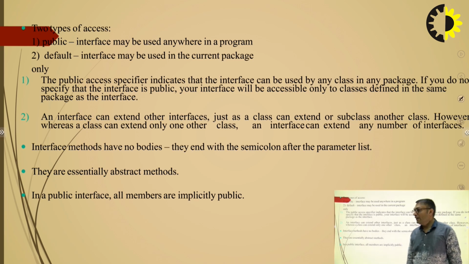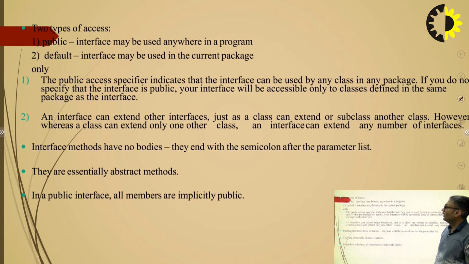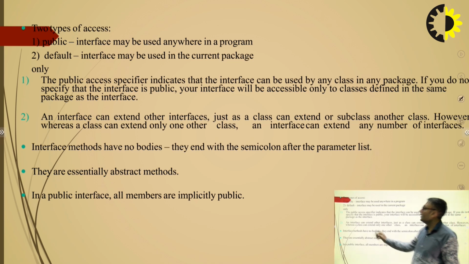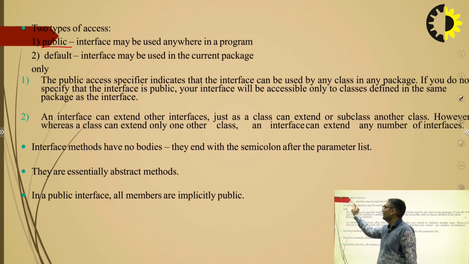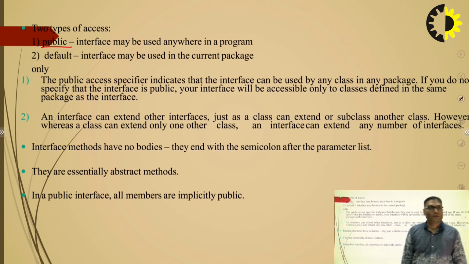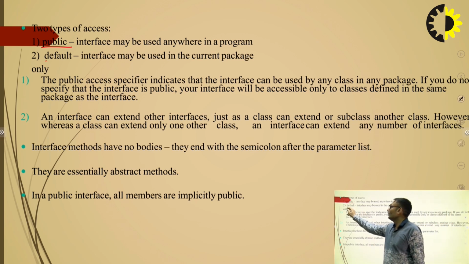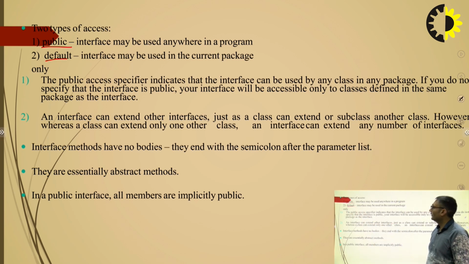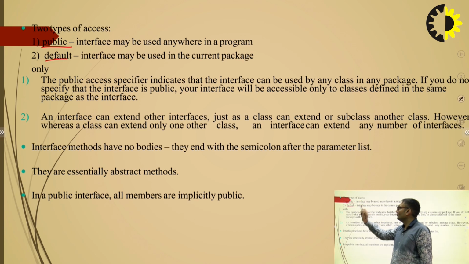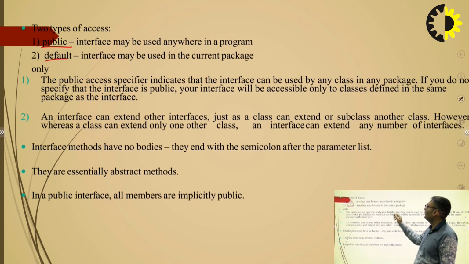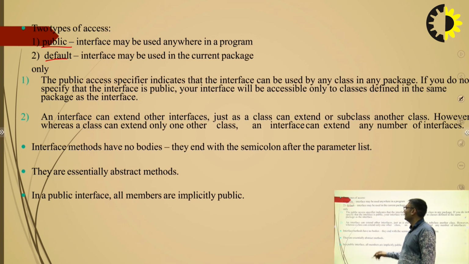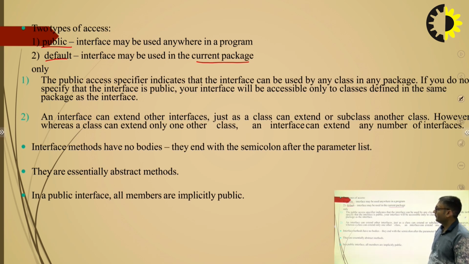Interfaces also have access modifiers, but here the access modifier only supports public, or you can say default. If you don't write any access modifier, then it will be default and it will be treated similar to public. So a public interface may be used anywhere in the program, and if you don't write public, then the interface may be used inside the current package only.